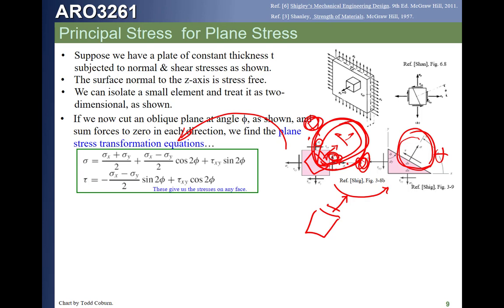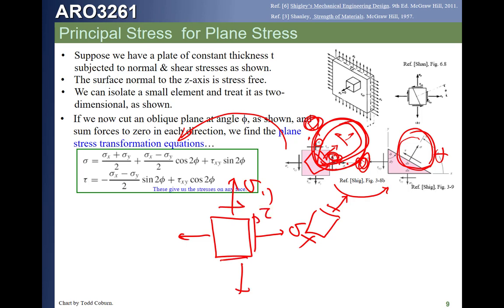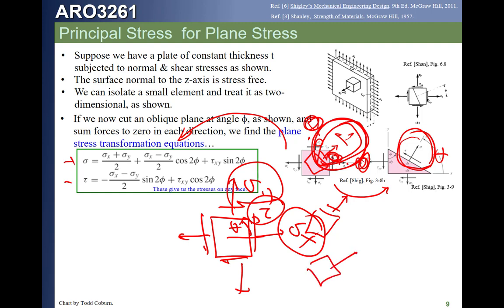This is our plane stress transformation equation. When we have an element like this that's under plane stress that has sigma x and sigma y, and it has shear stresses, with this being the positive, then you will plug in the sigma x, the sigma y, and the tau into these two equations, and that will tell you for any rotation theta of that element, which means let's say we rotated it by theta from the horizontal, that will tell you what the normal stress and the shear stress is on that face.